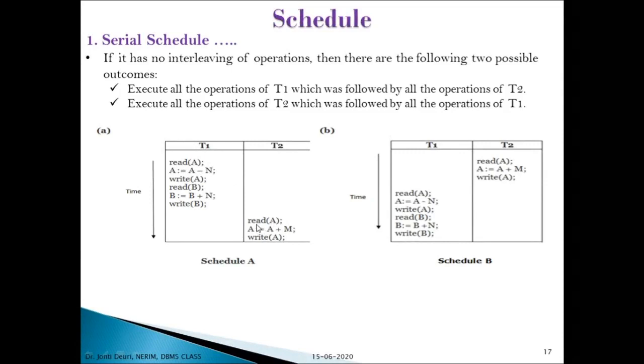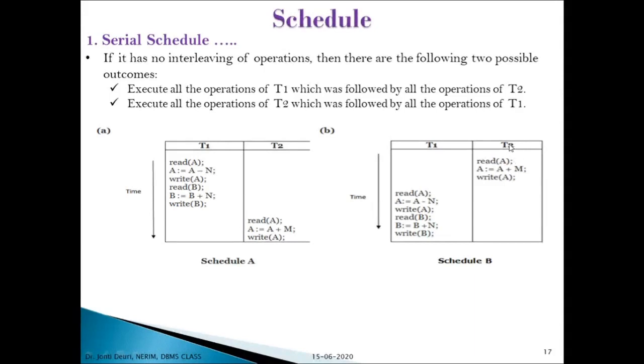After finishing T1, we have started here read A for the T2 transaction. So read A, then this addition, then write. Now this T2 transaction is also over. So we can start T1 first, then T2, or you can first start T2, see schedule B. In schedule B, we started T2 first.